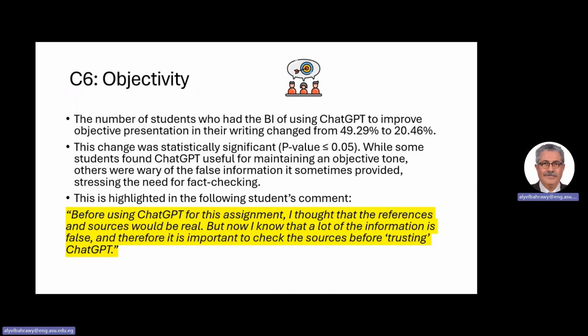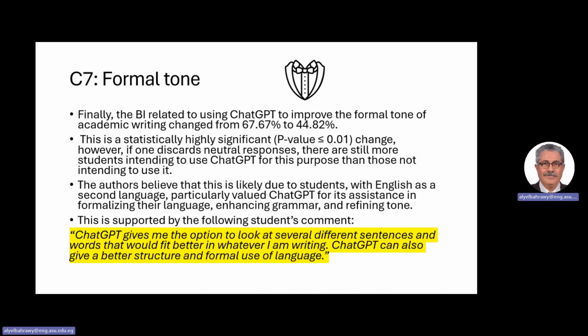But now I know that a lot of the information is false, and therefore it is important to check the sources before trusting ChatGPT. The last characteristic, C7: ChatGPT gives me the option to look at several different sentences and words that would fit better in whatever I am writing. ChatGPT can also give a better structure and formal use of language.